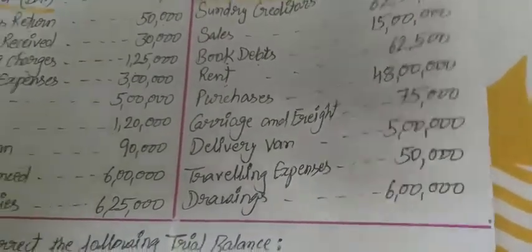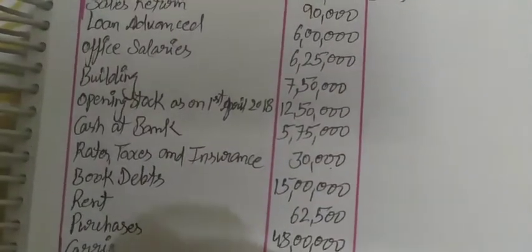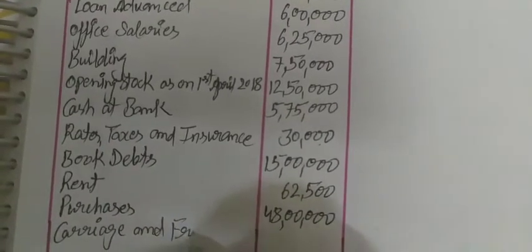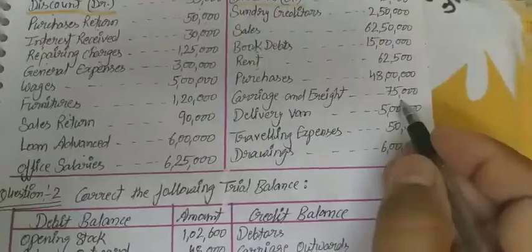So it will show in debit side because it is expenses. Carriage and freight, the amount is 75,000.